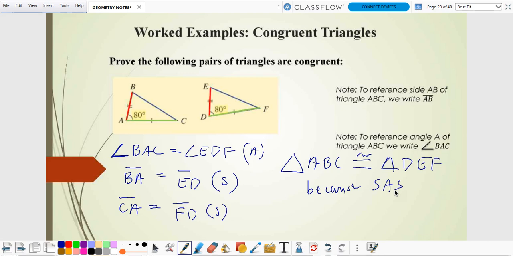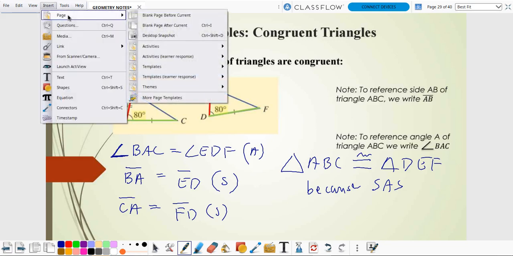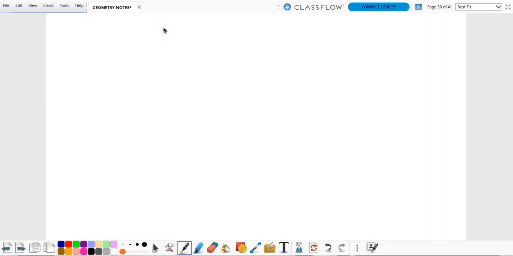Cool. Alright, I'm going to do one more because they didn't do any other good examples here. I'm hoping there's space in there somewhere for you guys to do this. I'm just going to insert my own triangle and I'm going to be tricky with this one. So copy this triangle down somewhere, guys. Okay, let's see.